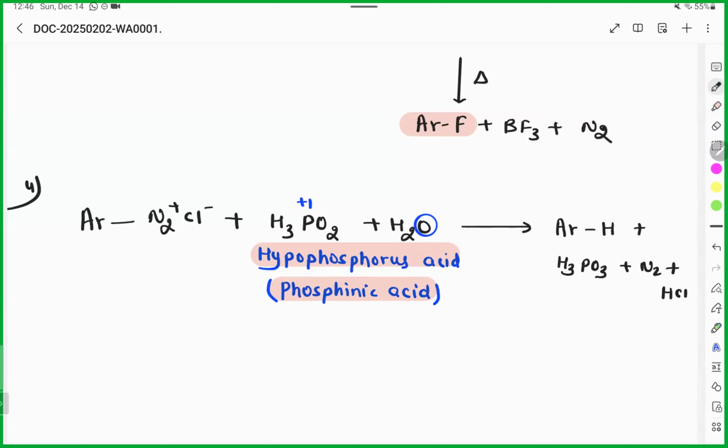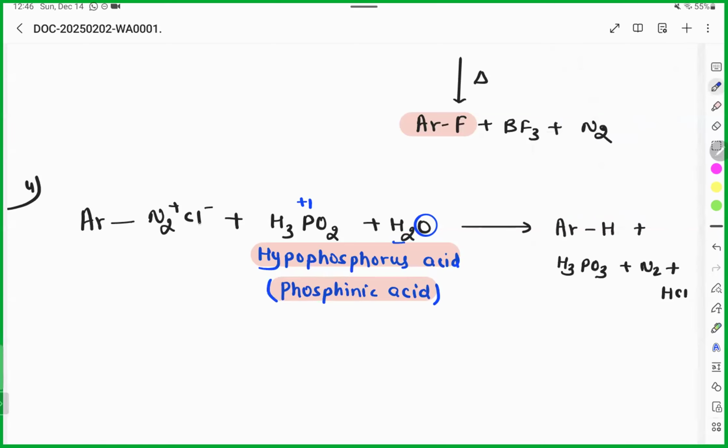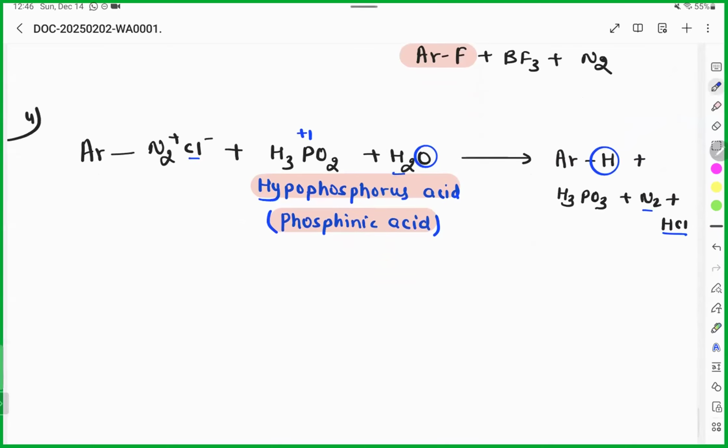There were two hydrogens in the water. One hydrogen goes with the chlorine and forms HCl, another hydrogen is added here. Nitrogen is a stable gas and comes out, and it will form phosphorus acid.